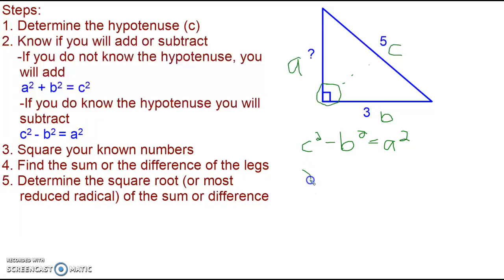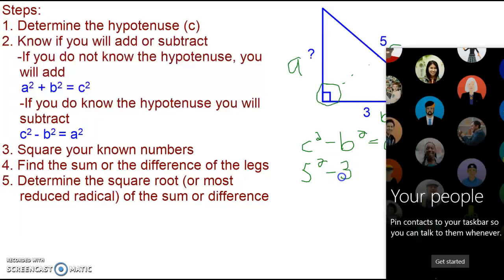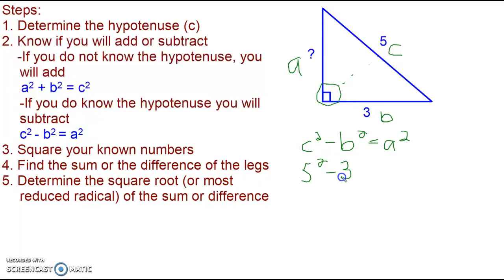C is 5, so we're just going to plug that in for 5. 5 squared minus B, which is 3, 3 squared, is equal to A squared. Okay, so now we're just going to do 5 squared, which is 25, minus 3 squared, which is 9, is equal to A squared. 25 minus 9 is 16, so we have 16 is equal to A squared.